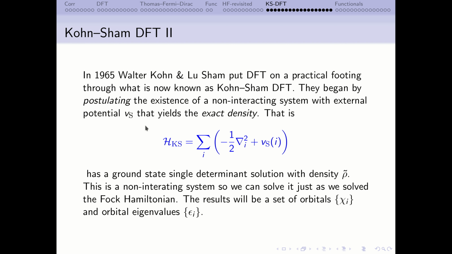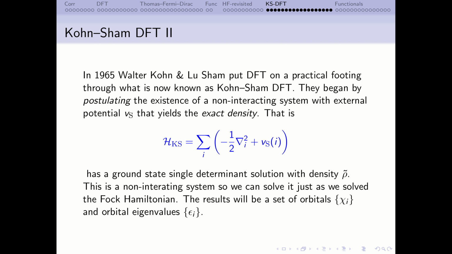We're going to call them electrons, but they're not really electrons, because electrons interact with other electrons. These particles don't. These Kohn-Sham electrons, if you wish, exist in a Hamiltonian with a kinetic energy part and this effective potential. And the property of this system is that it yields the exact density. So you solve the system, you find the lowest energy solution, and you will get the exact density from there.